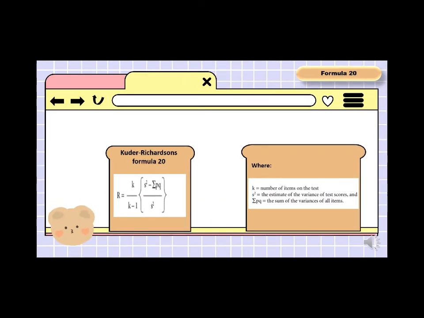So the next formula is Formula 20, Kuder-Richardson Formula 20.